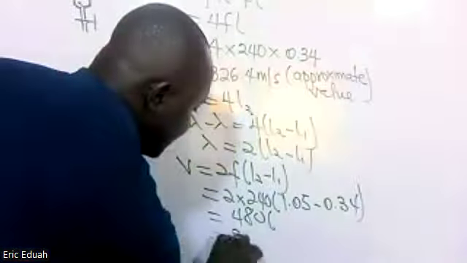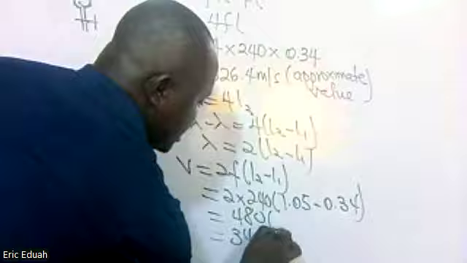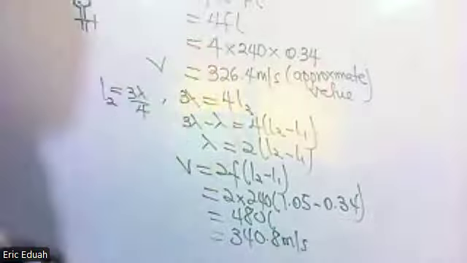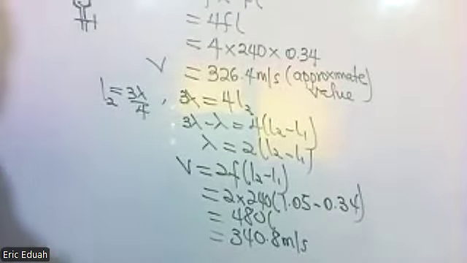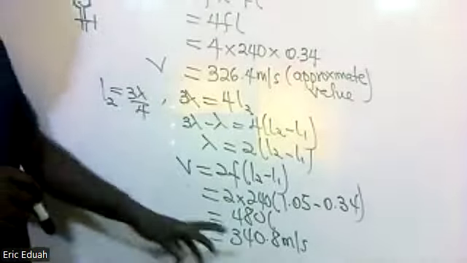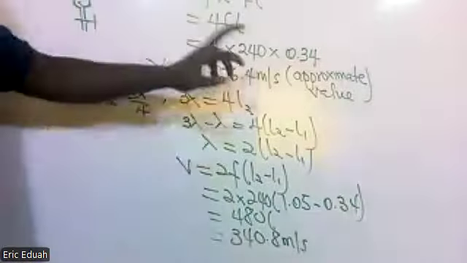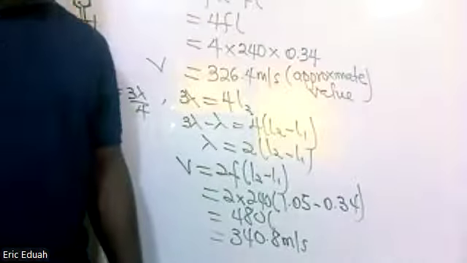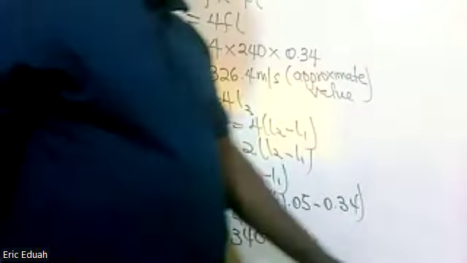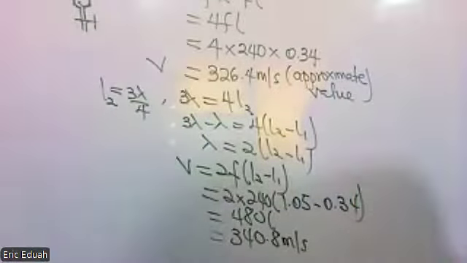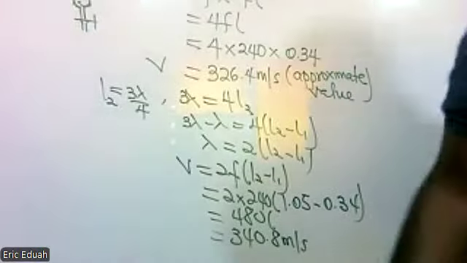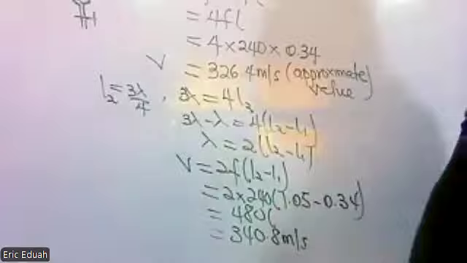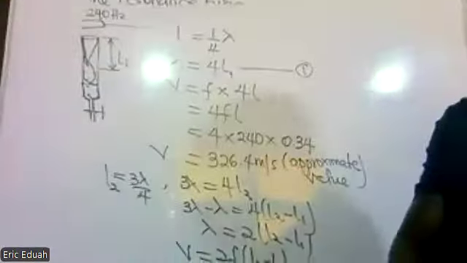So approximately 340.8 or approximately 341. So this becomes the accurate value, whereas the first one becomes the approximate value. That's all. That's simple. Any question? No question.